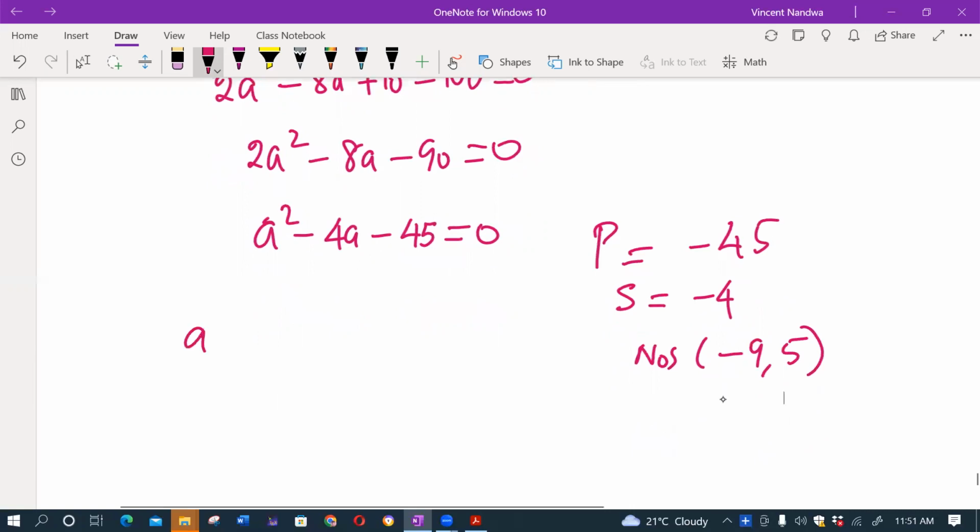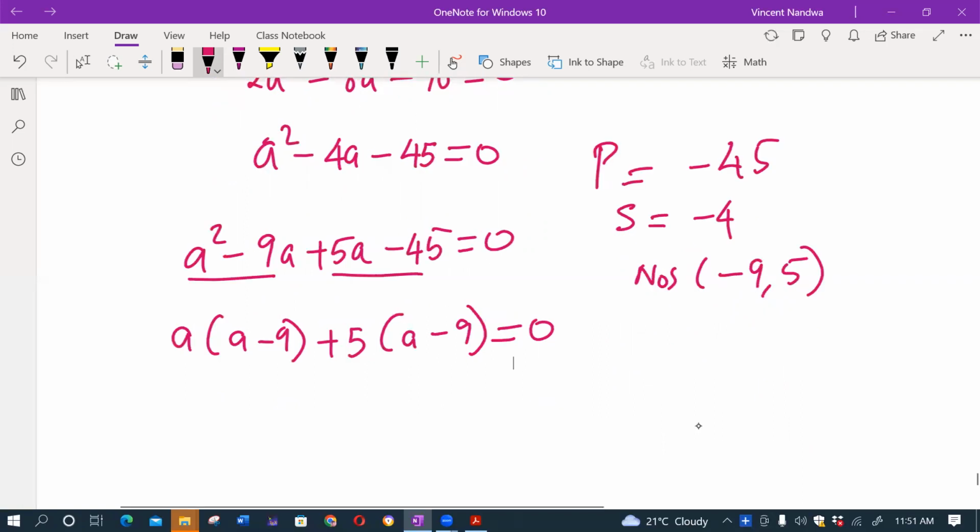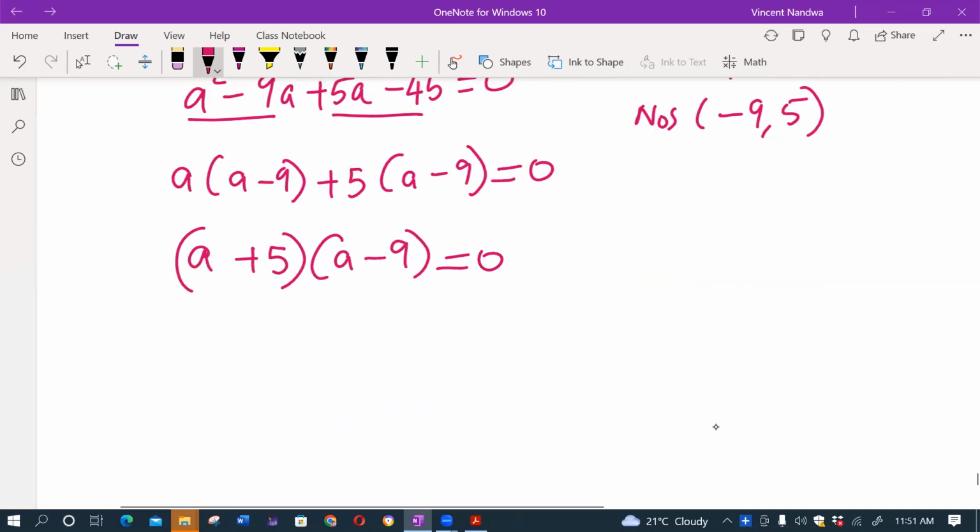So we have A squared minus 9A plus 5A minus 45 equals 0. Then pair: A into (A minus 9) plus 5 into (A minus 9) equals 0. So we'll have (A plus 5)(A minus 9) equals 0, from which A equals minus 5 or A equals 9.